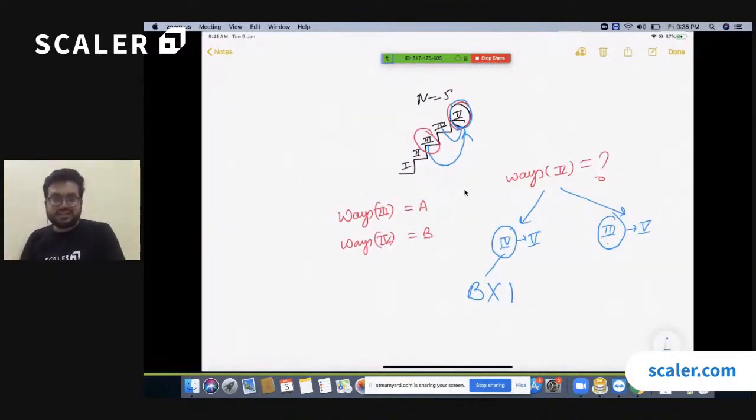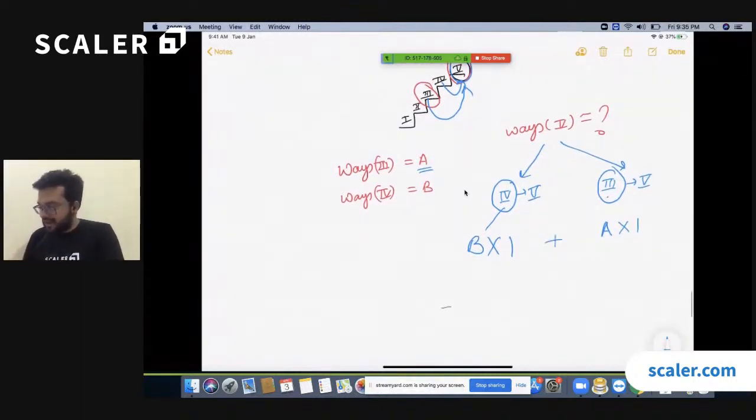If I come to the 3rd stair somehow, the number of ways I already knew, let's assume, was equal to A. So I do A, and now from the 3rd to the 5th, if I want to have a jump, I will just multiply it by 1. These were the two mutually exclusive and exhaustive options that I had. So I will just add them up to get my complete answer.